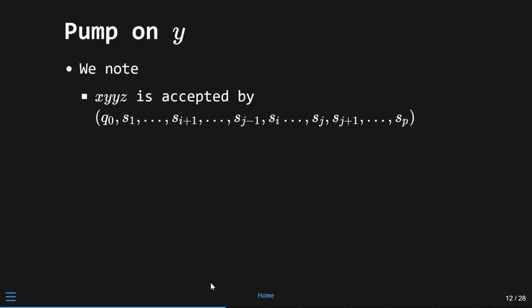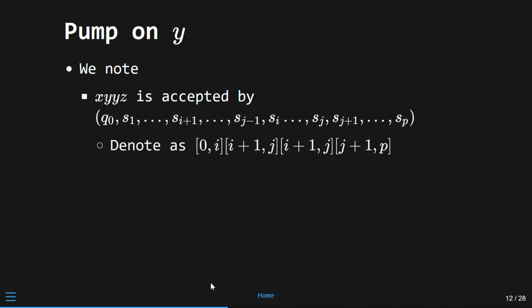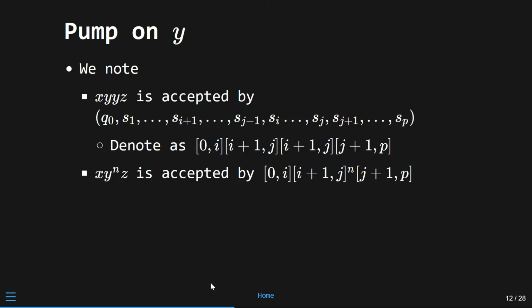This is q naught through s sub i, s sub i through s sub j, s sub i through s sub j again, because s sub i and s sub j are the same, i through j, and then j through p. So we're repeating that sequence in the middle. We have a cycle. Our graph has a cycle in it, and we're just duplicating that section in the middle.